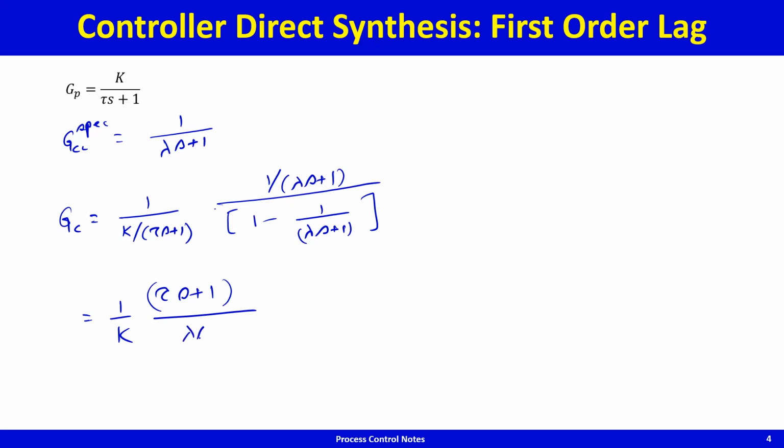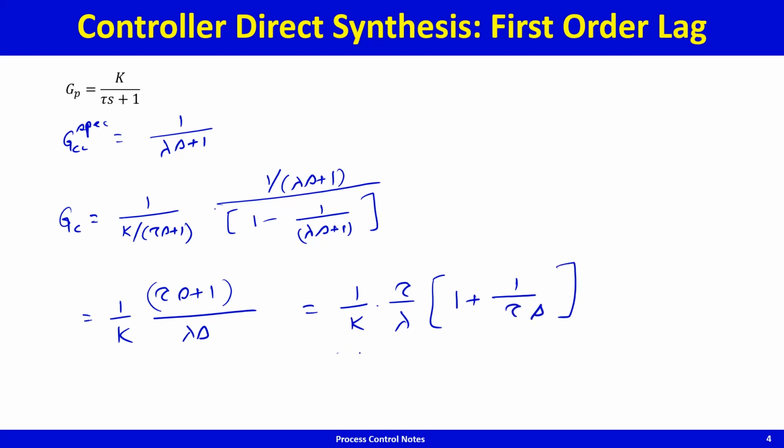So that's going to be just lambda s, and this turns out to be 1 by k, take tau by lambda common, and so I'll get 1 plus 1 by tau s.